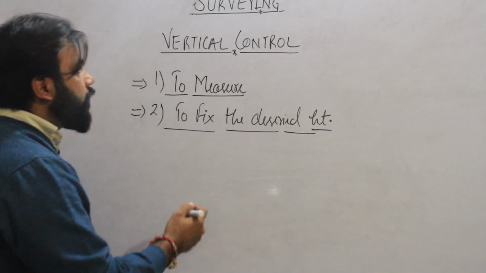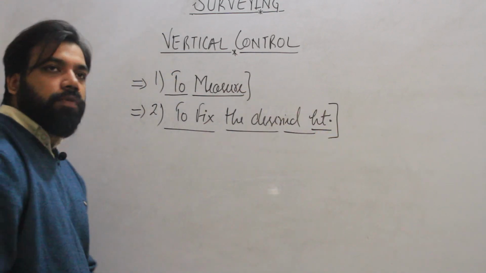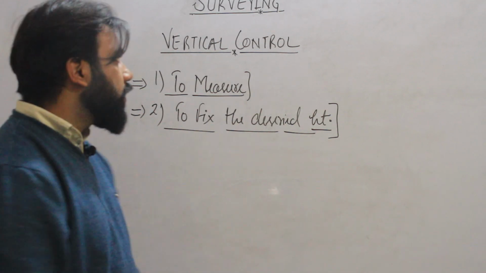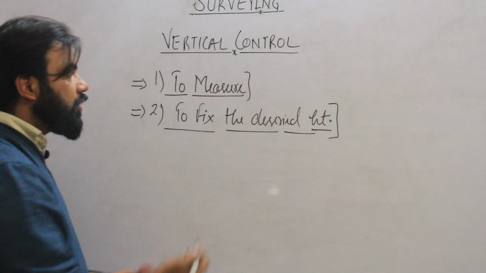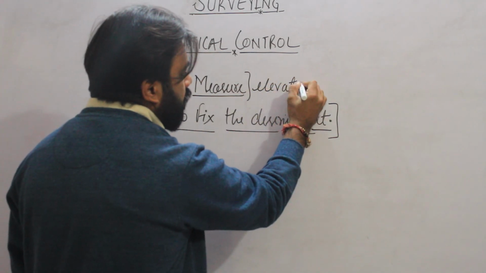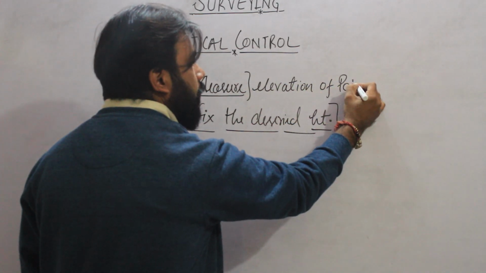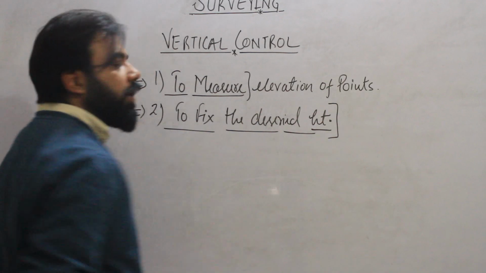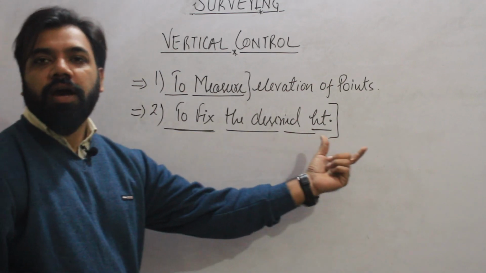Now first of all we have to see what these 2 points want to explain. In vertical control, what is the meaning of to measure the elevation of points? And second is to fix the desired height.